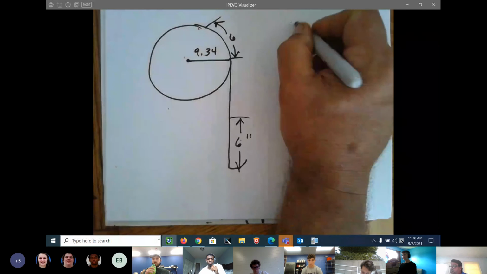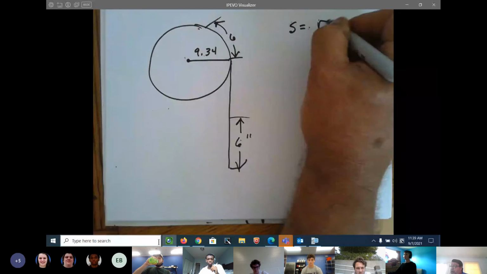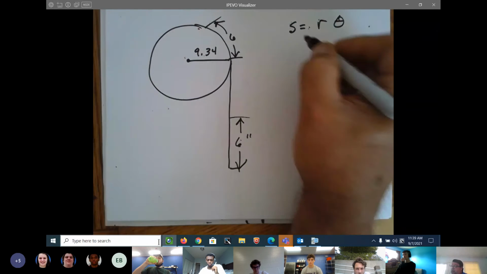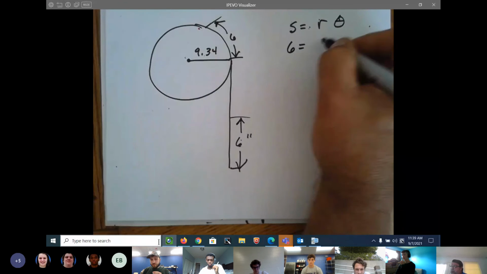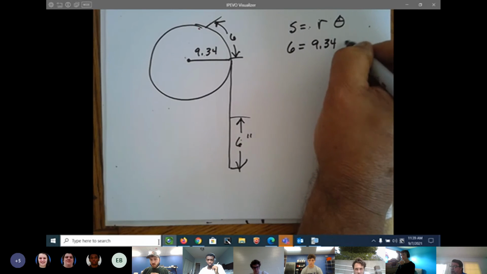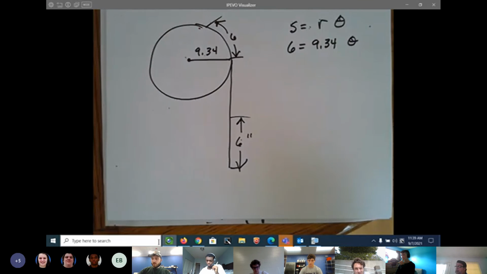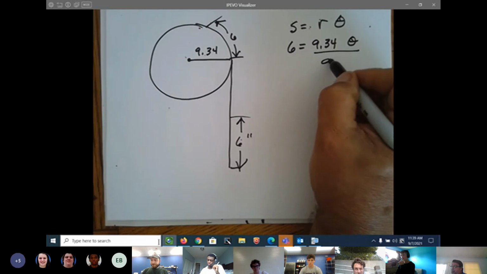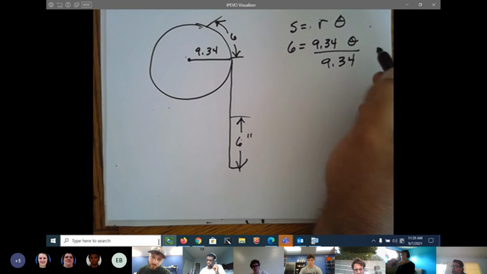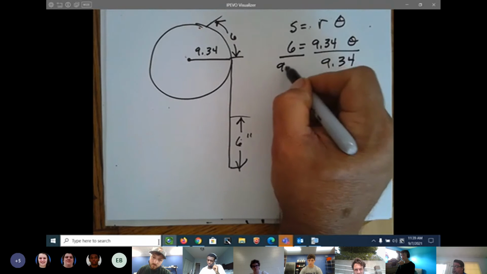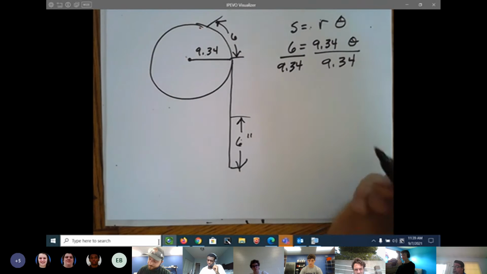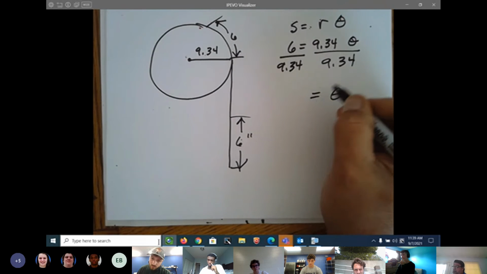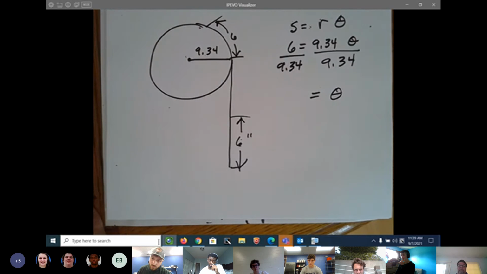So S is equal to R theta. 6 is equal to 9.34 theta. Divide by 9.34. And theta is equal to whatever this comes out to be.